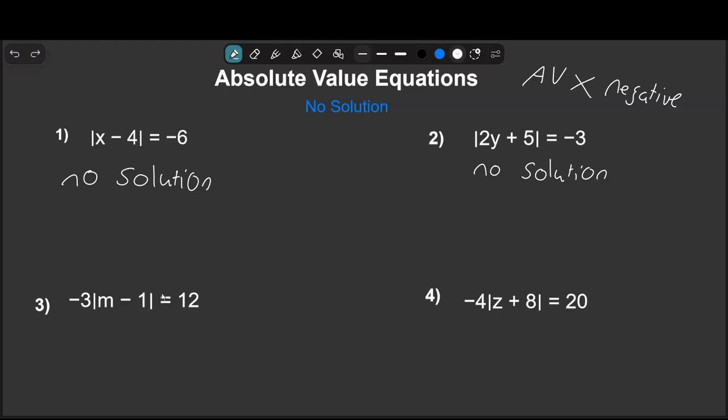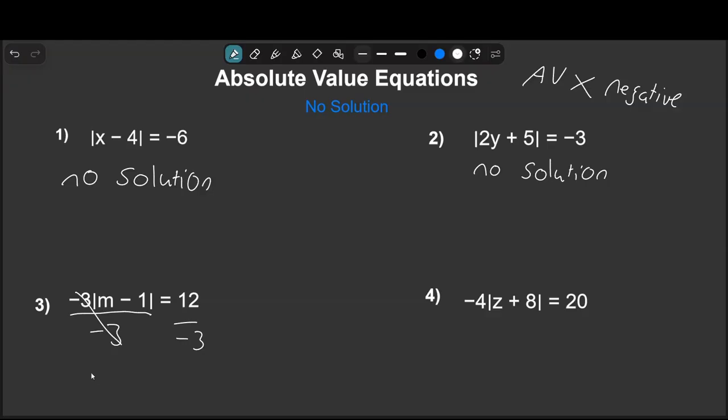To get this solution, usually what you do is you isolate this, you isolate the absolute value to get it by itself. To do this, we do the opposite or inverse operation. So we divide by minus 3 on both sides.